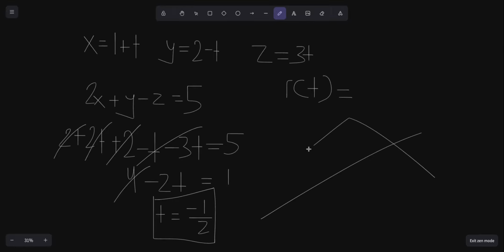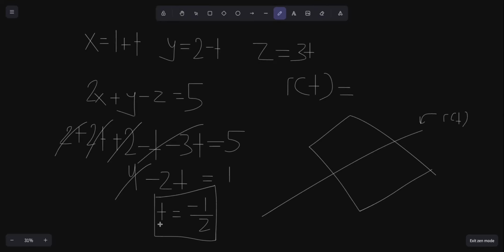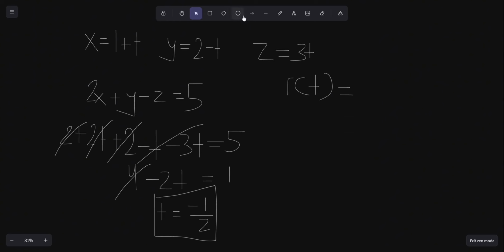So if we have a line and a plane, r of t pretty much describes any point on this line. So we found out that this line and this plane intersect at the time value t equals negative 1/2. So we just have to evaluate r of t at t equals negative 1/2. And then we get the position at that specific point. So when we plug in negative 1/2 into that, we get an x value of 1/2.